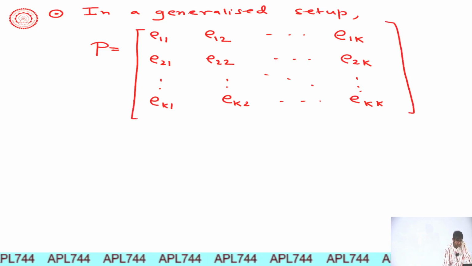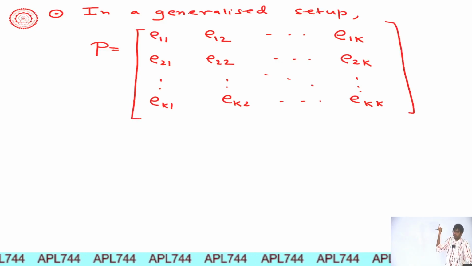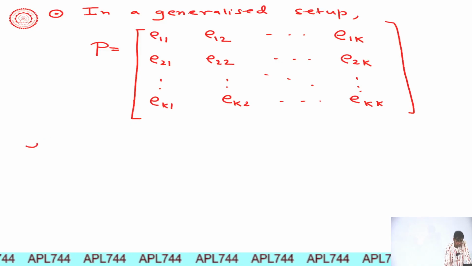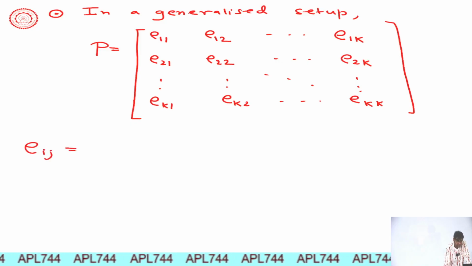Okay, what is rho ij denoting? Can you tell me what rho ij is denoting now?